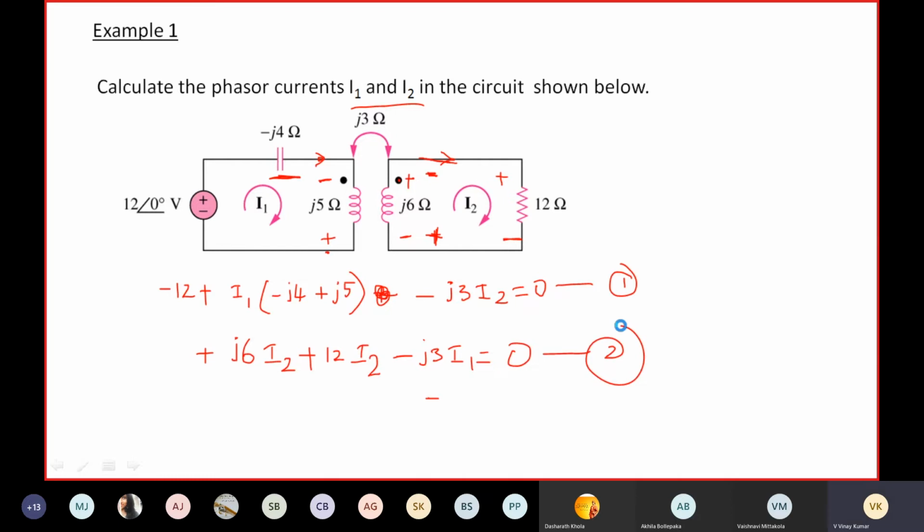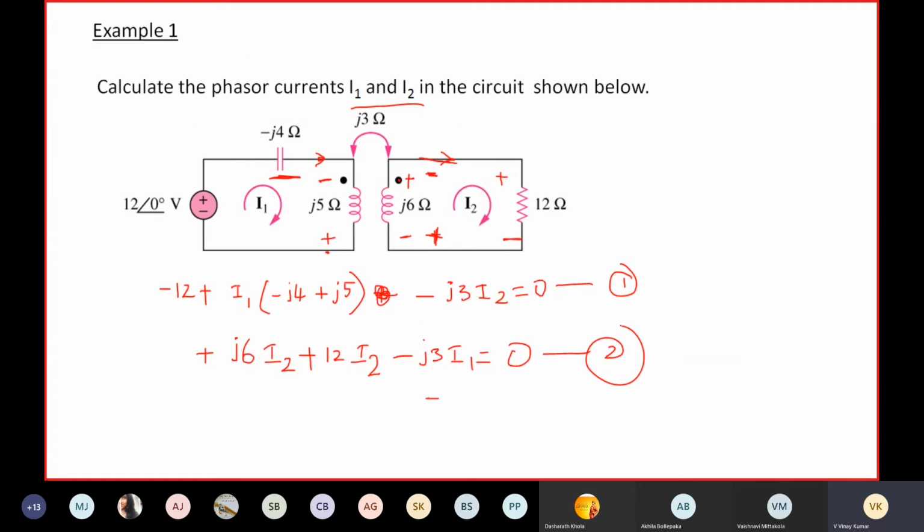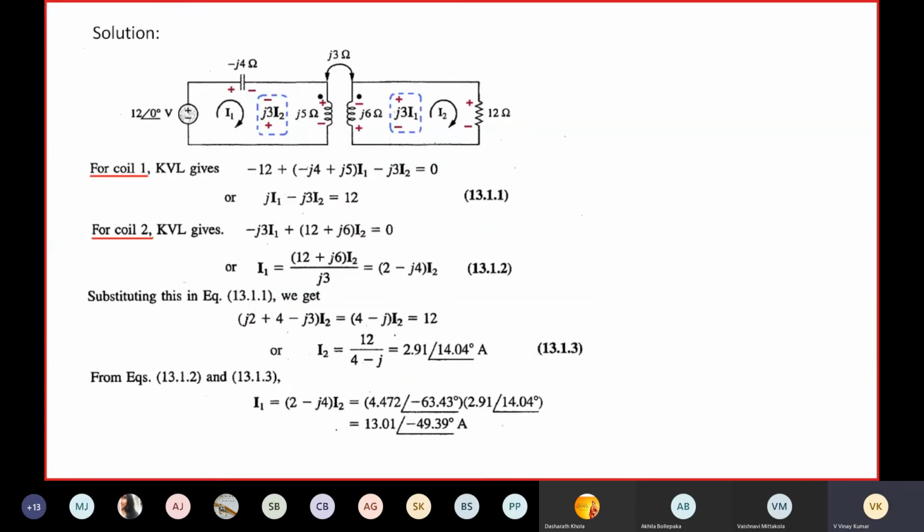Let us check these two equations. Minus 12 plus (minus j4 plus j5) into I1, here it is correct, minus j3 I2.